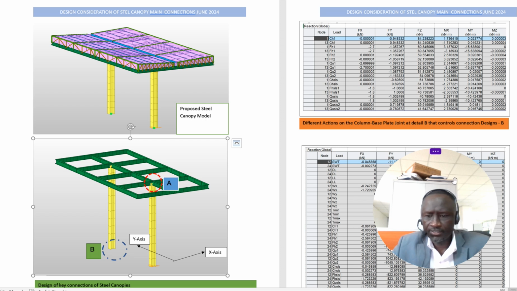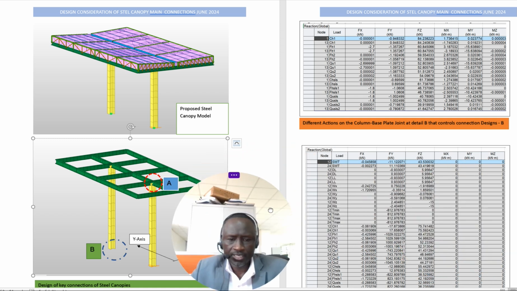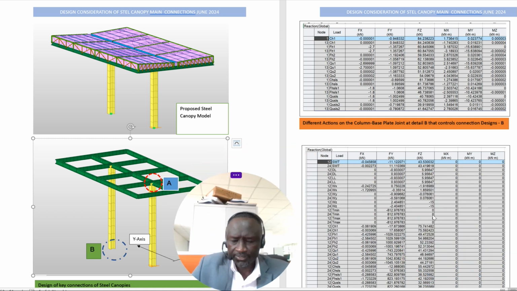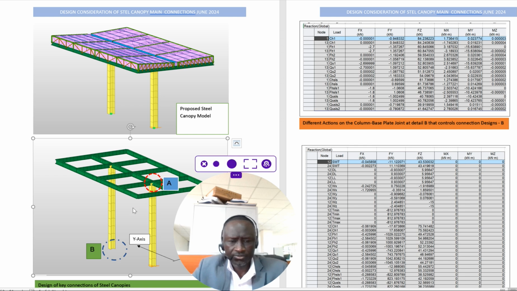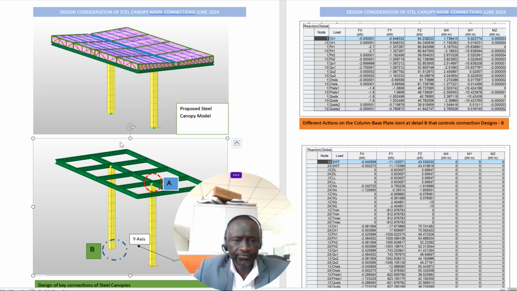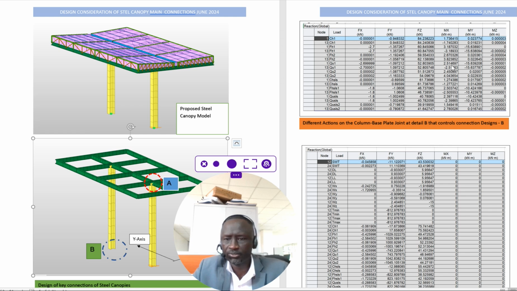And these different reactions are presented here. So here you don't see anything with moment. There's no moment here. Unlike for the column base, you will see some moment which needs to be taken care of. So if you use your software, it should be able to input all these values, and you're able to get the realistic fits.